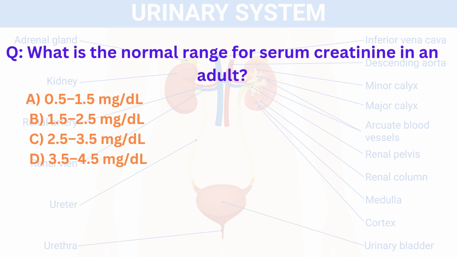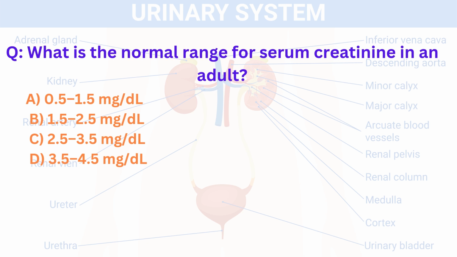Then 1.5 to 2.5 mg per deciliter. This range indicates mild kidney dysfunction as creatinine levels are elevated above normal level. Normal level is up to 1.5 mg per deciliter. Then third option is 2.5 to 3.5 mg per deciliter.